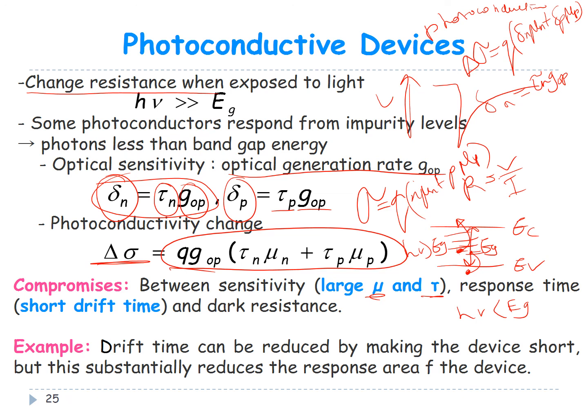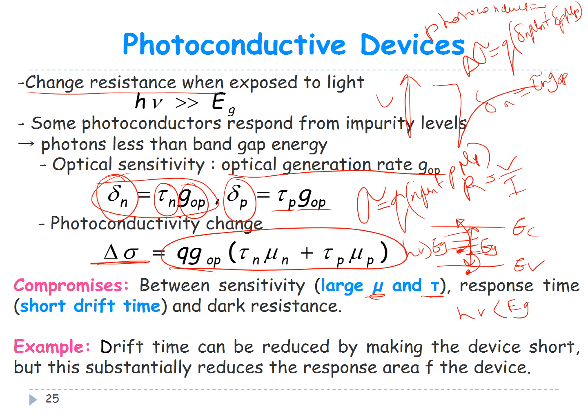If mu tau is large, then you get a larger increase in conductivity, so your device is more sensitive to light. It has more optical sensitivity if tau and mu are large. So large carrier mobility is important, and long lifetime. You need large mobilities and long lifetime to have large optical sensitivity.